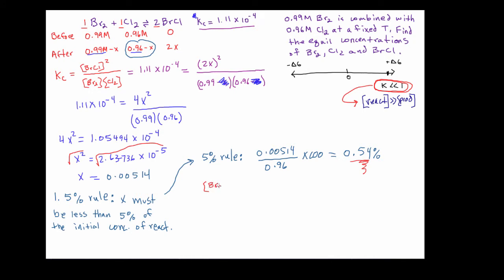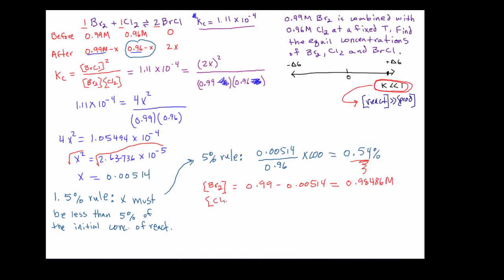So Br2 is going to equal 0.99 minus 0.00514. And when we run that, it's going to be equal to 0.98486 molar for the Br2.